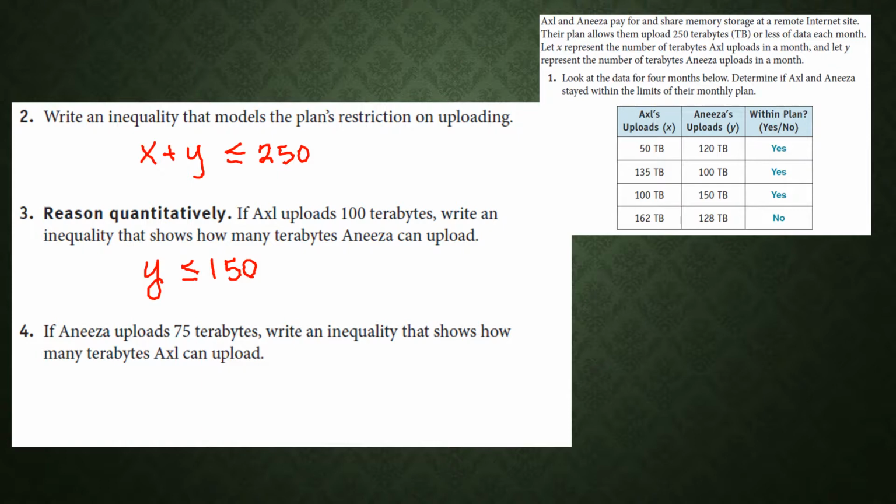On the other hand, if Anisa uploads 75 terabytes, to write an inequality that shows how many terabytes Axel can upload for their 250 limit, Axel is X, so he could upload up to 175 terabytes and still be within the limit. So hopefully all that is making sense to you so far.